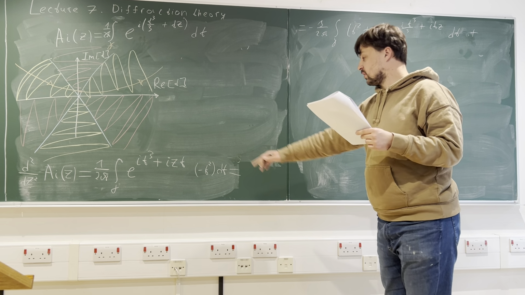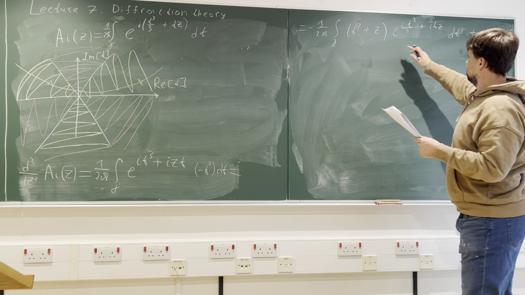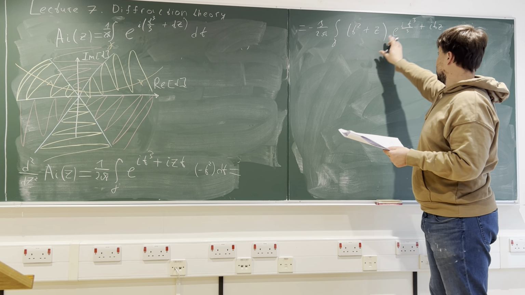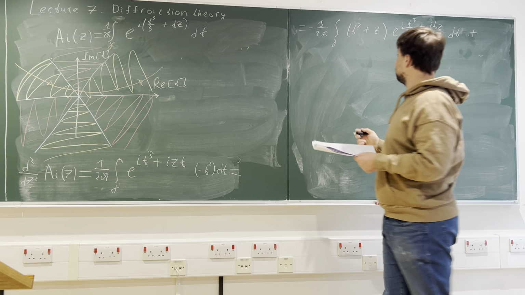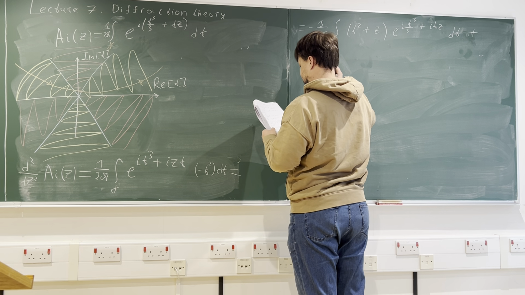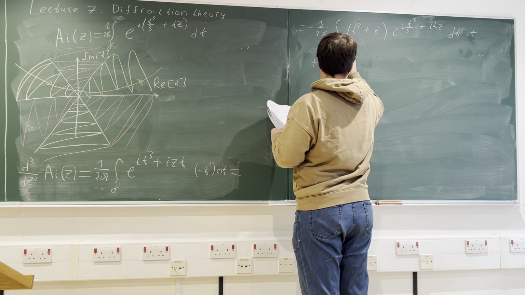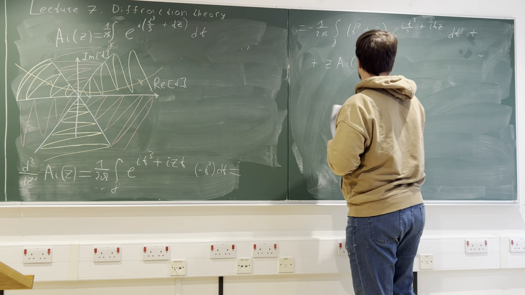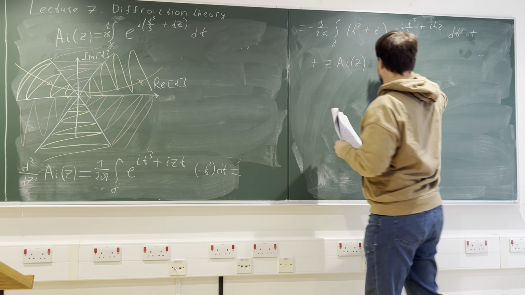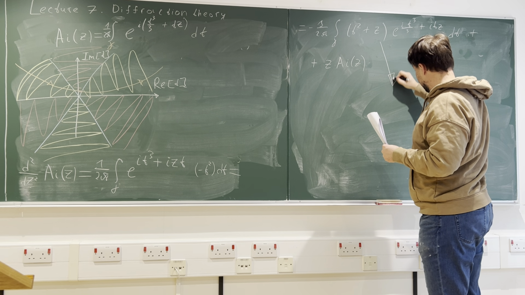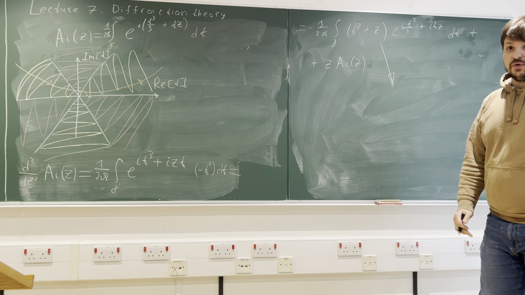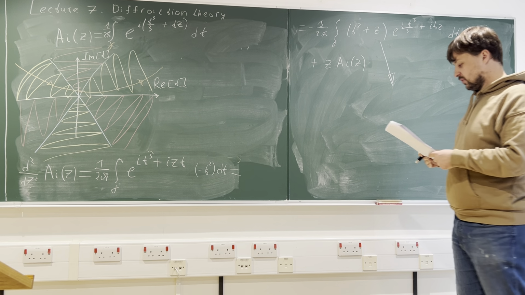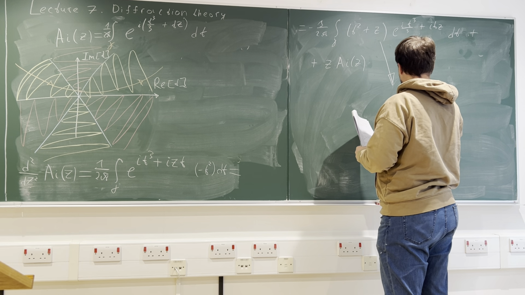I have minus for this. So I added this term and now I need to subtract this term. And this is an Airy function multiplied by z. And this thing is obviously 0. Do you know why? So it's not that obvious after all.